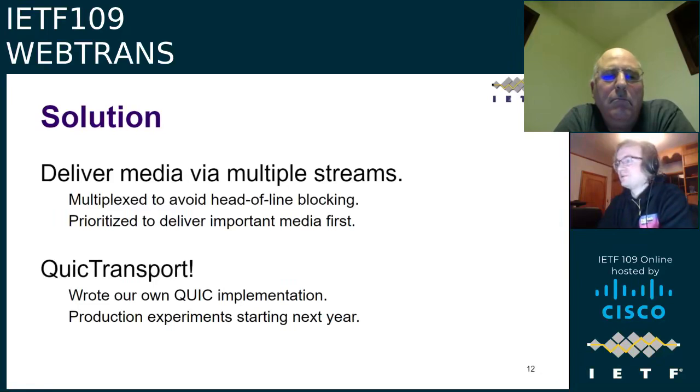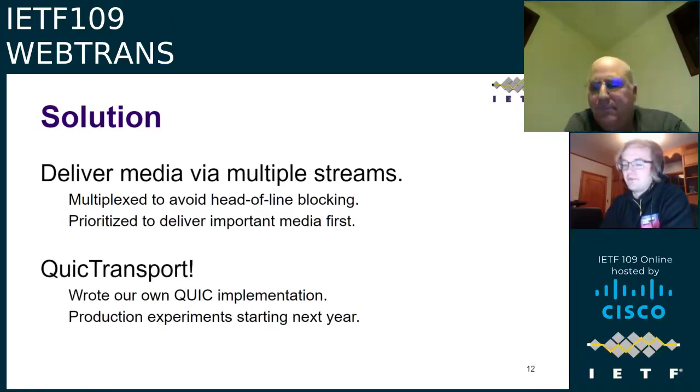So we're using QuicTransport. I wrote my own QUIC implementation because we're a Go shop and the existing QUIC wasn't there. We're right now running experiments for employees using the Origin trial, and we want to hit some production traffic early next year to see how it works.